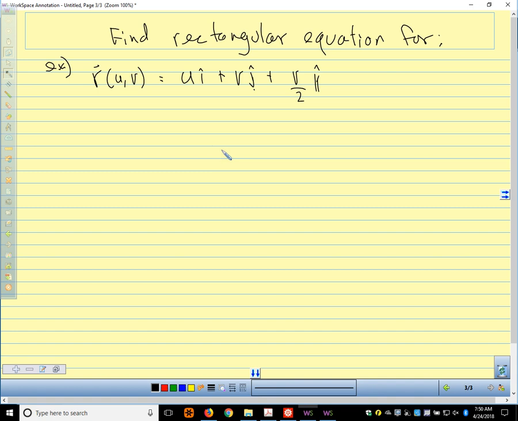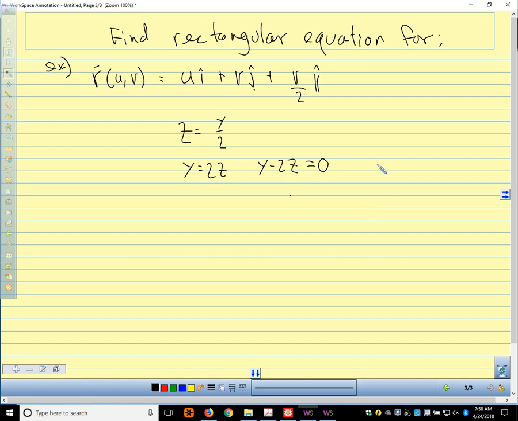All right. So what relationship do we see here? What components can we relate? y and z. So z equals y over 2, and x is just whatever. I could write this as y equals 2z or y minus 2z equals 0. What is that?